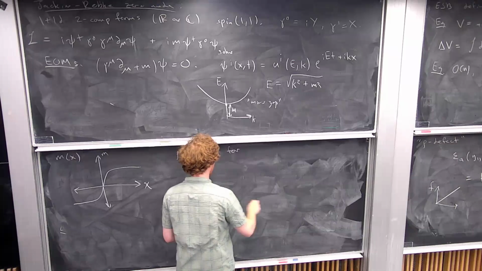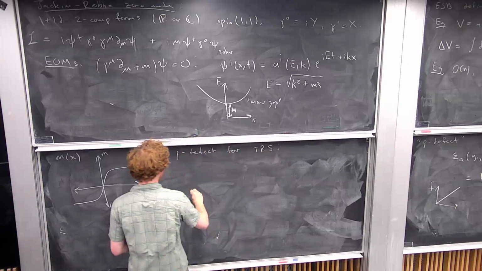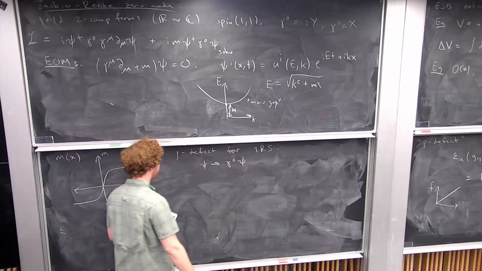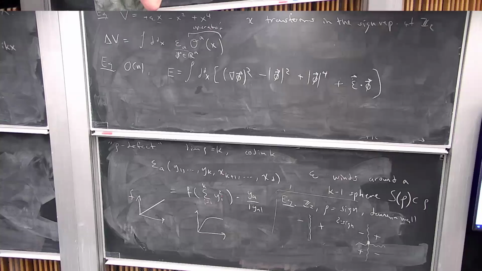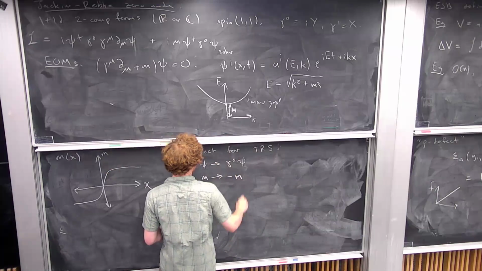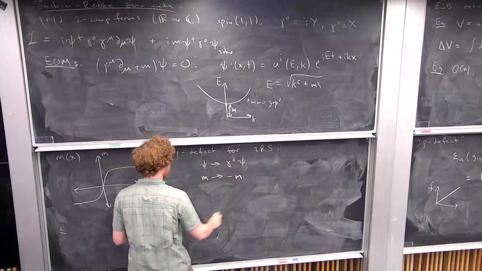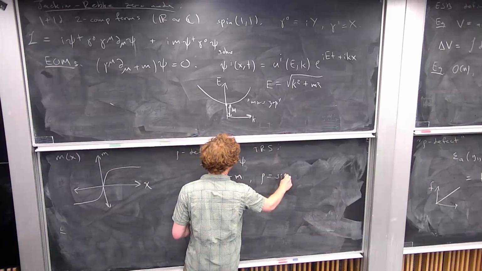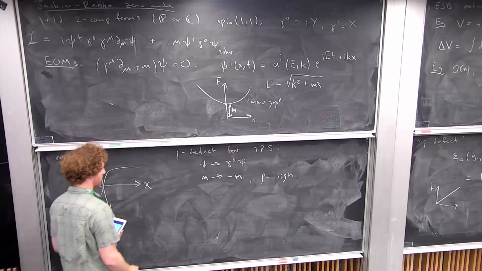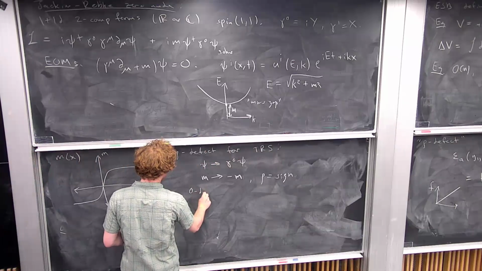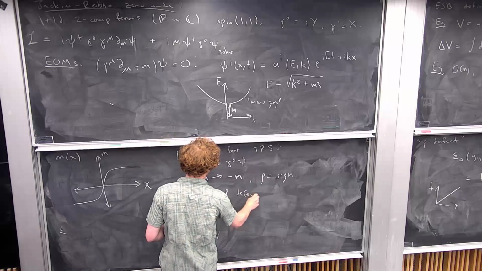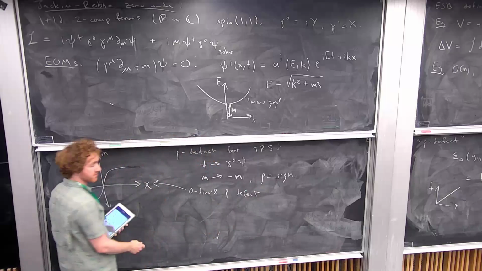Or say time reversal symmetry. So we have this anti-unitary symmetry, which takes mass to minus mass. So this is going to be some kind of zero-dimensional row defect.